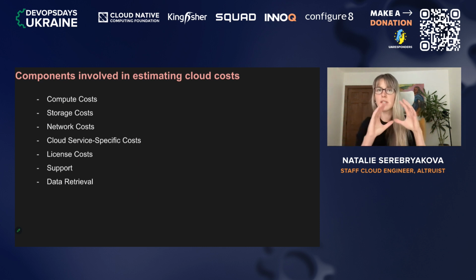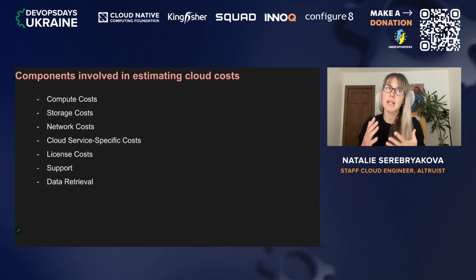All of them have categories defined as compute, storage, network, and cloud-specific services. Sometimes your company might use certain licenses for things like SQL databases, or some other products.